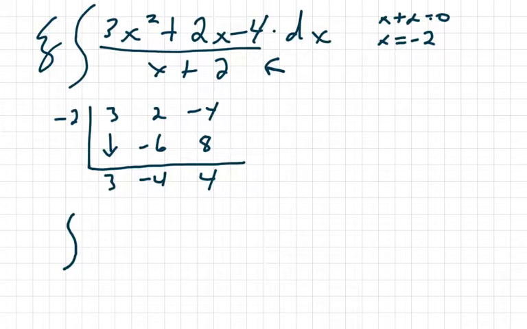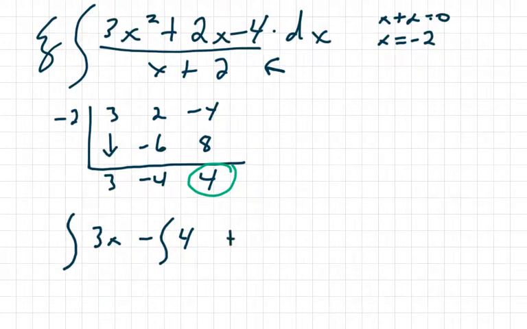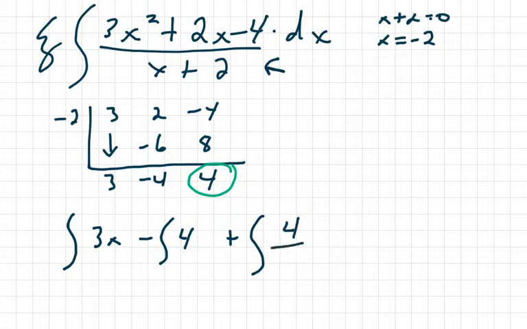That first one, we simplified. It's 3x minus the integral of 4. Now, you'll notice that it didn't work out. It didn't give us 0, but that's fine. That's a remainder, so let's write it like a remainder, plus the integral of 4 over x plus 2.